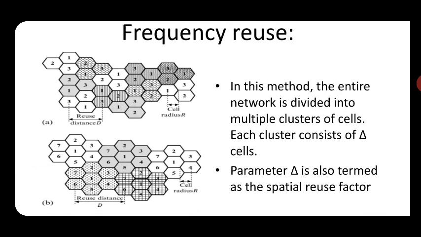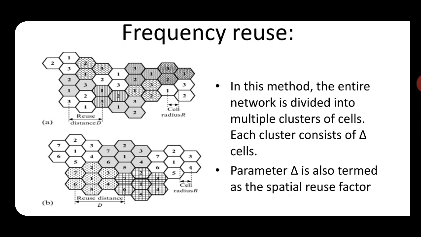I hope you know that wireless communication is made up of cells or groups of cells. When I say a group of cells, we call it a cluster, and each cluster is defined with delta cells. As you can see in the figure, if delta is 3, all the 3 cells are allocated a frequency.